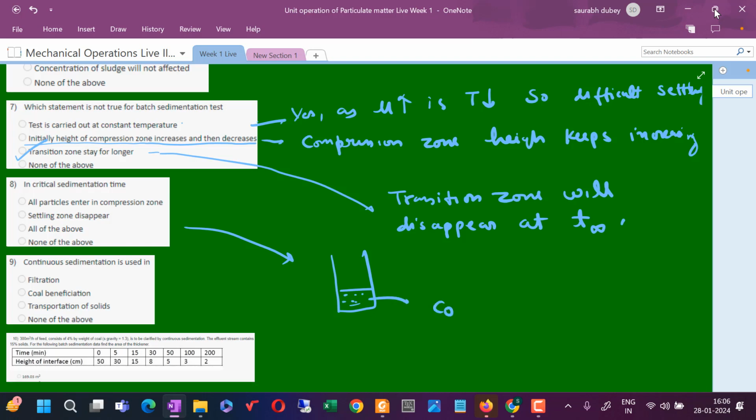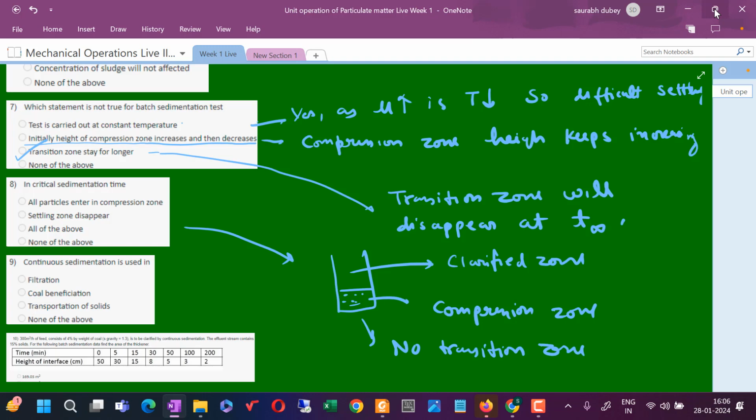Here is the compression zone, and here mostly the clarified zone is there. Side zone, no, no, transition zone. Transition zone.